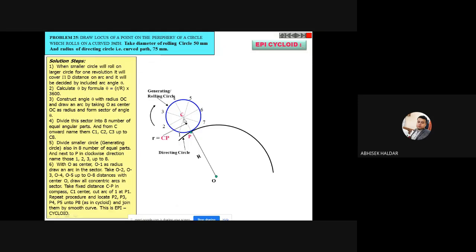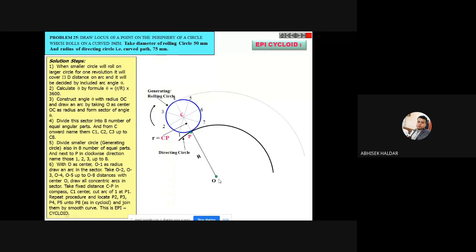This is the CP that we have already taken. The CP distance, small r, is half of this 50 millimeter, that means 25 millimeter. Now from this point O I have to draw some arcs.